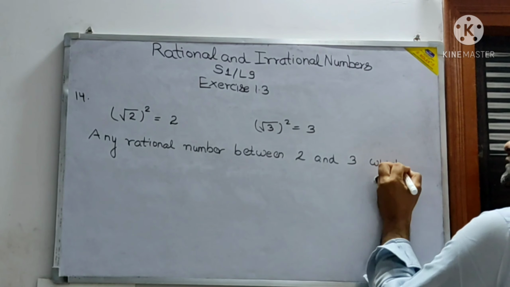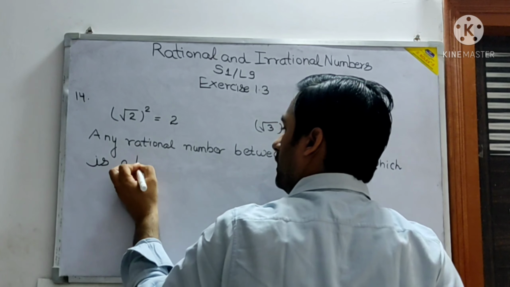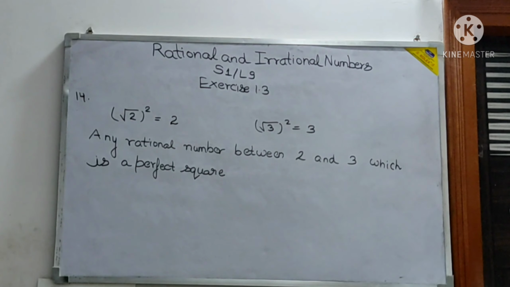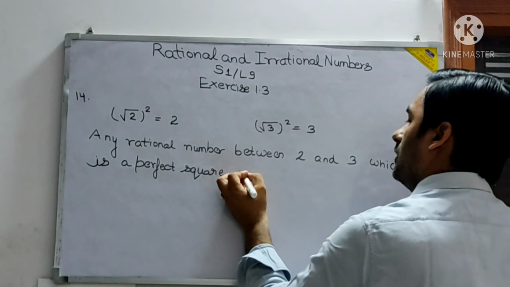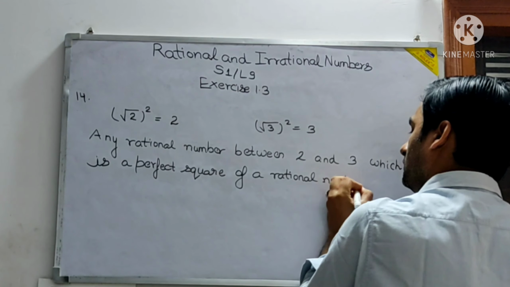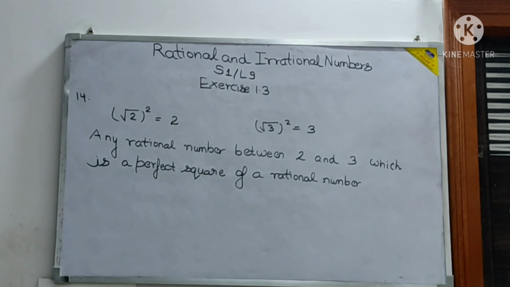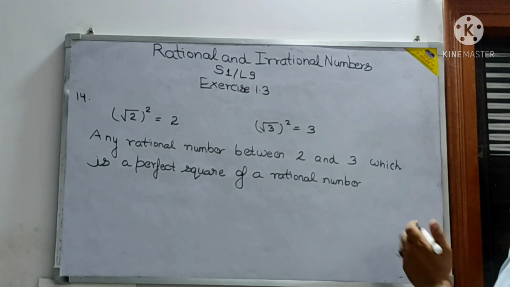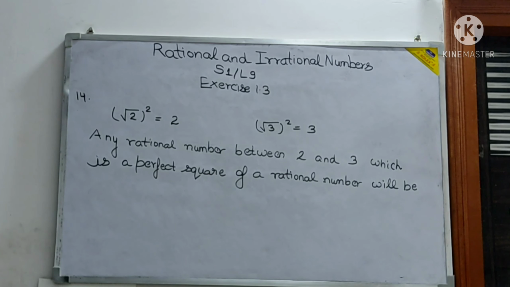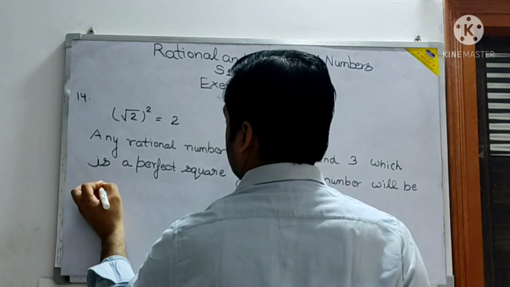Which is a perfect square, the perfect square of a rational number, will be considered.